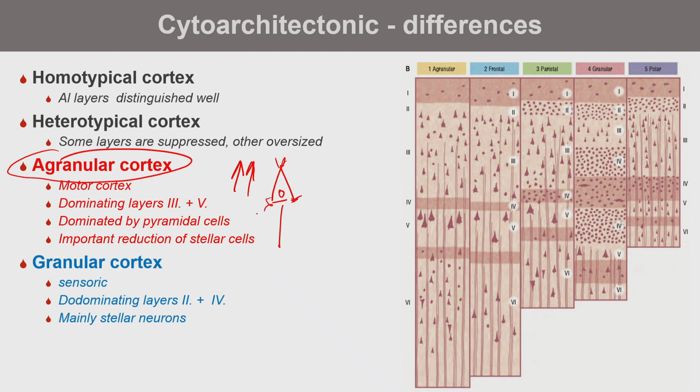So those pyramidal cells have prominent output function. Then the agranular is seen here. In those agranular, you have very extended layers 3 and 5, and very, very small, especially the layer 4.